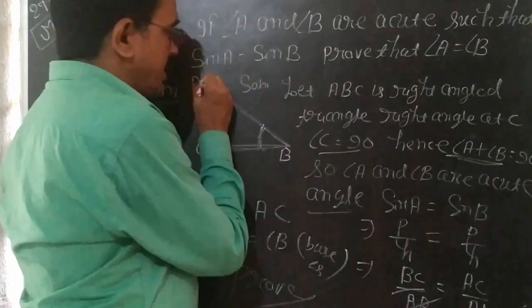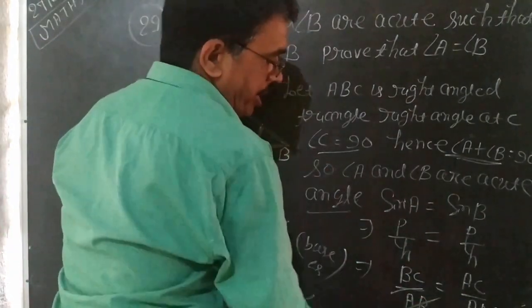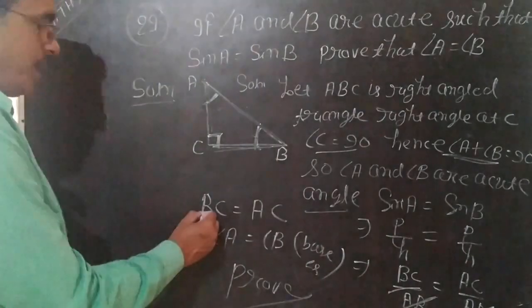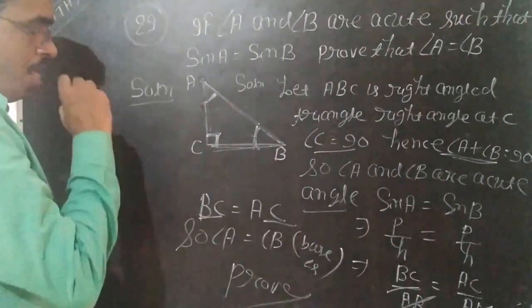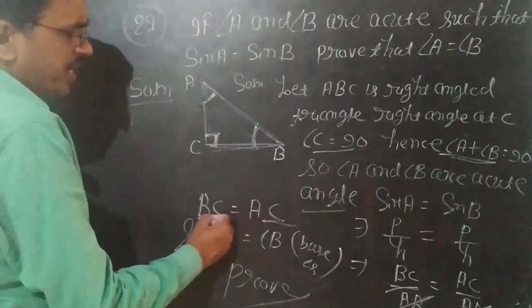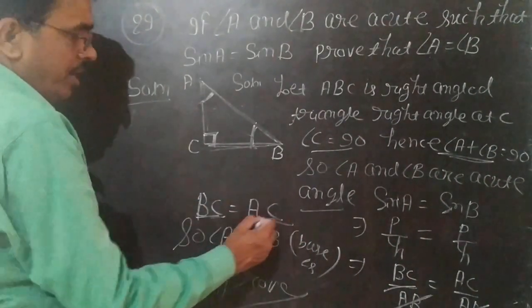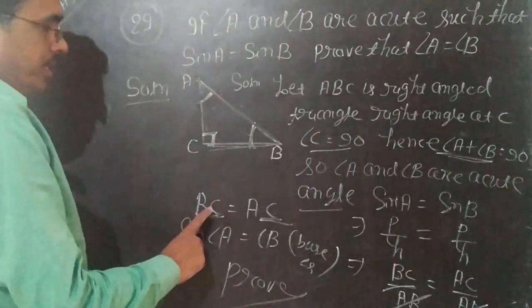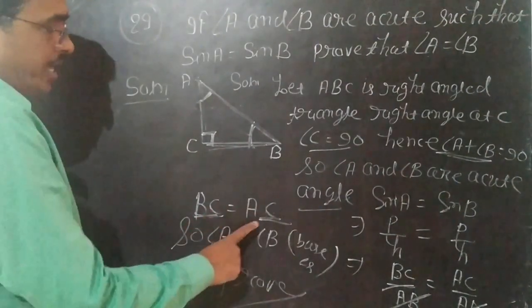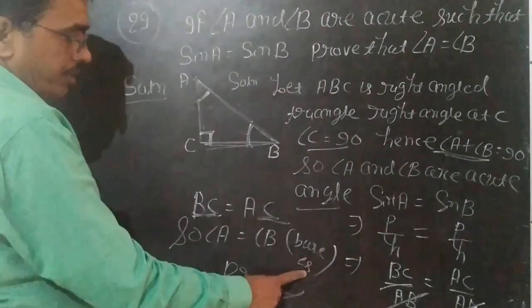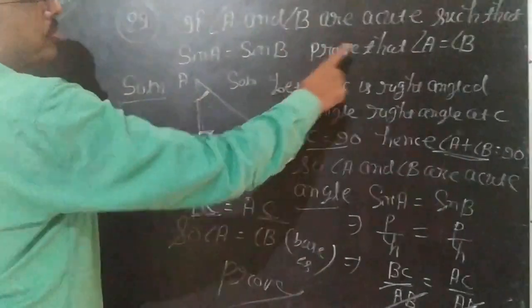Hypotenuse is constant, that is AB always. So I write AB. This AB and AB cancel. So what remains? BC is equal to AC. I write here BC is equal to AC. If BC is equal to AC, then by the base angle, if sides are equal, then in class 9 we read that if sides are equal, then their base angles are also equal. So angle A is equal to angle B, these are the base angles. So it is proved. The question is A is equal to B.